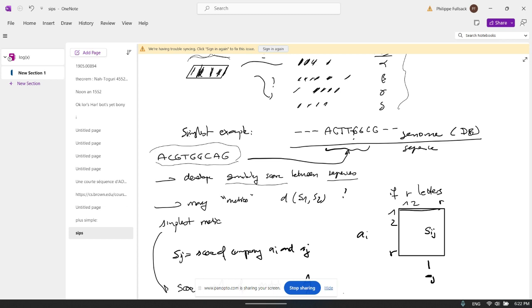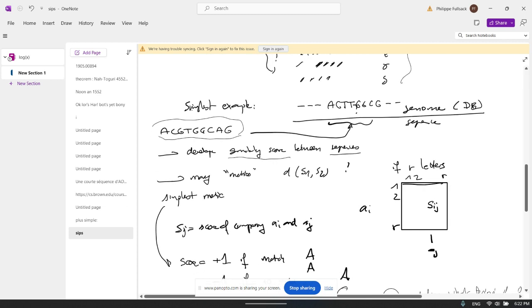Here, genetic material. So similarity scores, we can look at them as metrics or distances. We take one sequence, another sequence, and we measure essentially either a distance or a similarity between the two. Now we can encode this.